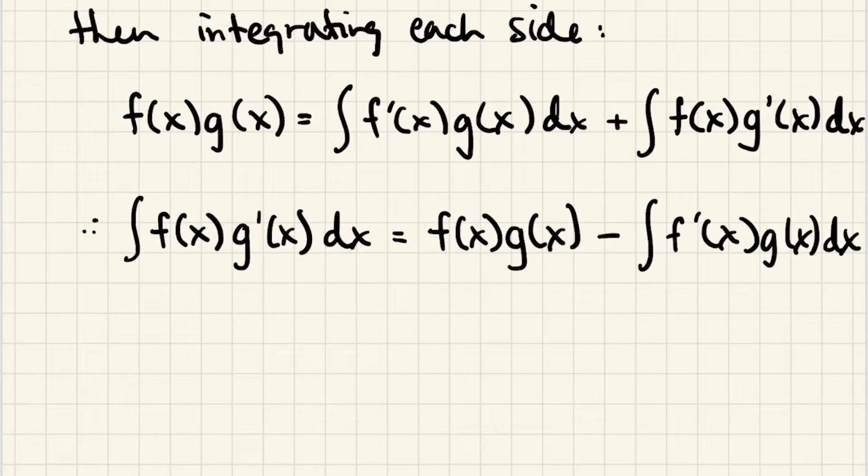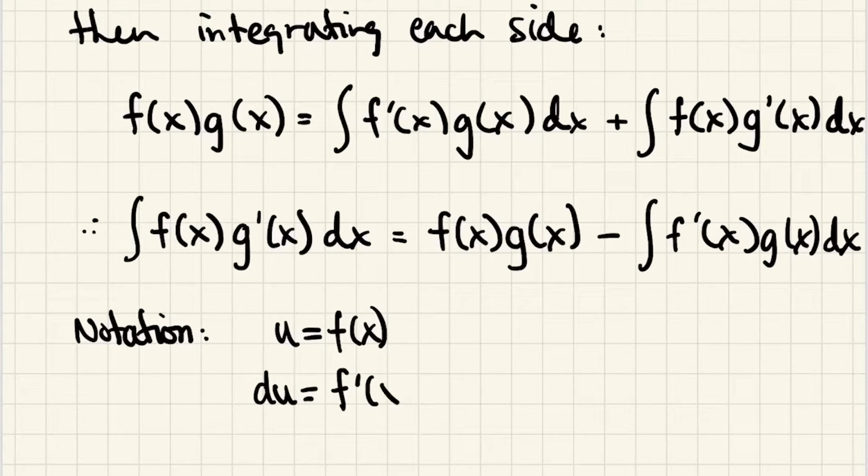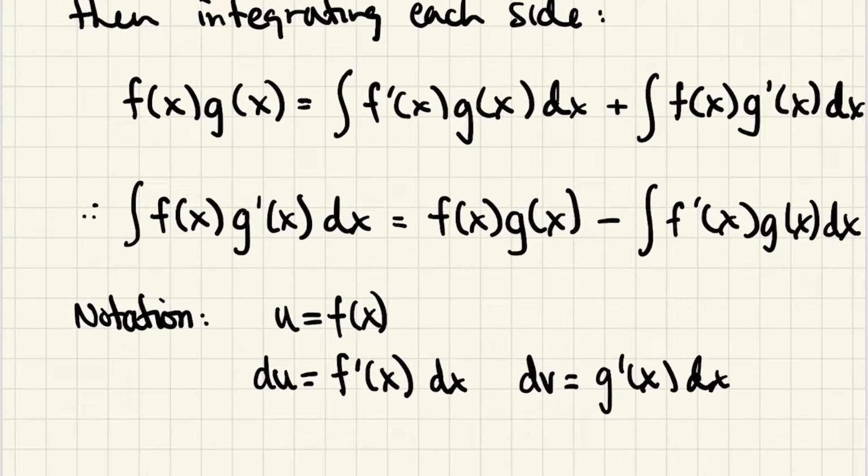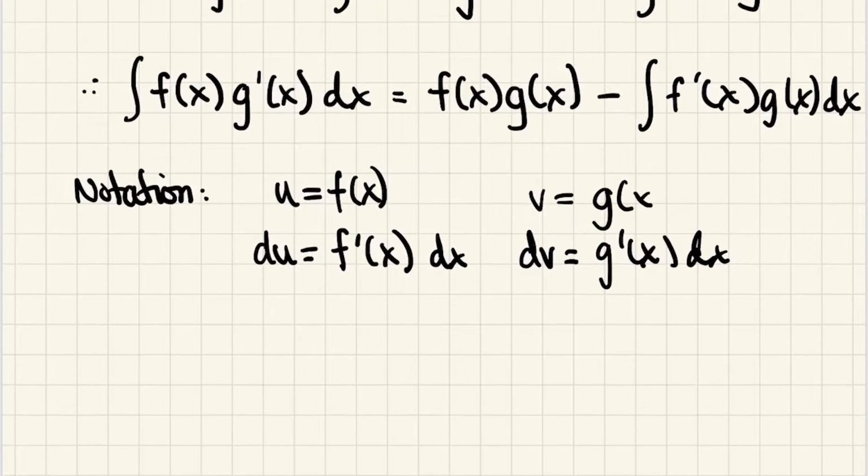Now, this is obviously a pretty cumbersome way to write this with all these f of x's and g of x's everywhere. So in practice, we have a pretty slick notation for managing this. It looks a lot like a u substitution, but it involves two letters. We define u to be f of x, so du is f prime of x dx. And we define dv to be g prime of x dx, which makes v simply g of x.